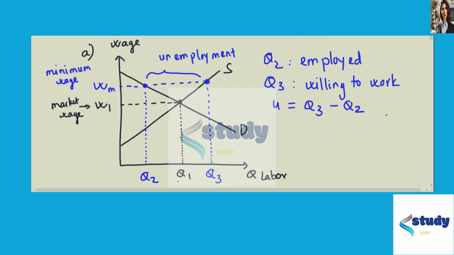Total wage payments to workers are shown as the area of rectangle ABCD.